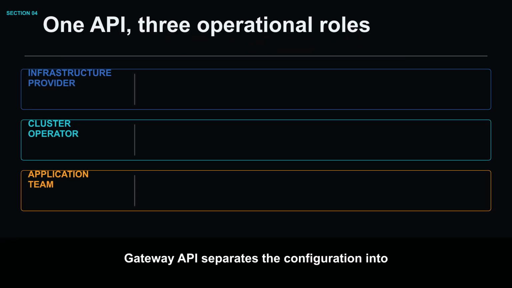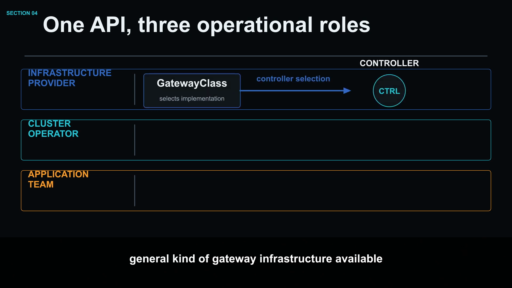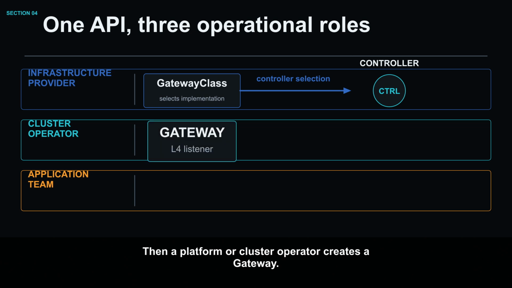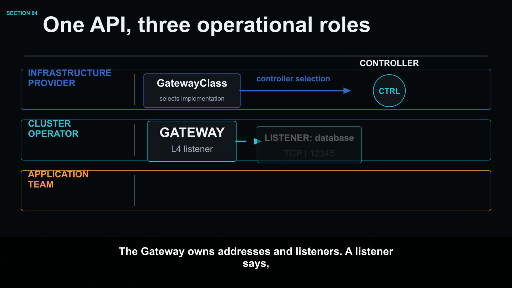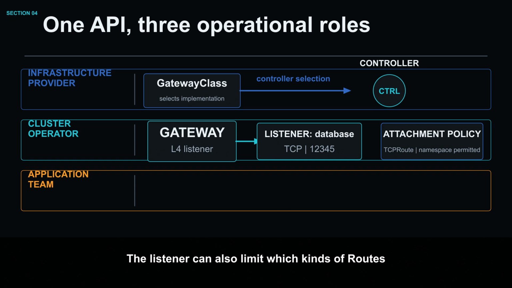Gateway API separates the configuration into a few objects. First, a GatewayClass identifies the controller and the general kind of gateway infrastructure available in the cluster. Then a platform or cluster operator creates a Gateway. The Gateway owns addresses and listeners. A listener says, for example, accept TCP on port 12,340. The listener can also limit which kinds of routes may attach and which namespaces they may come from.